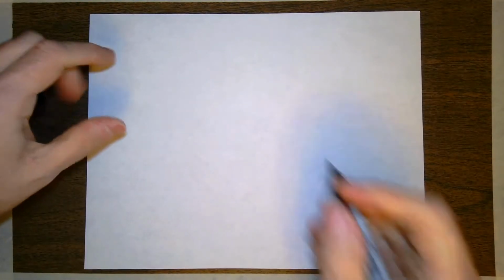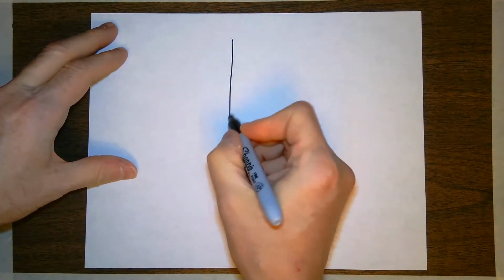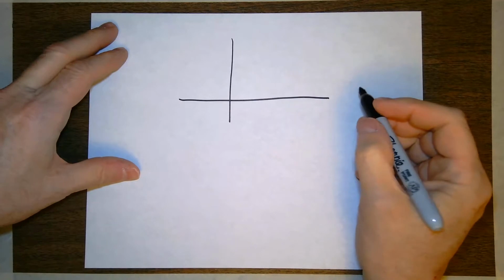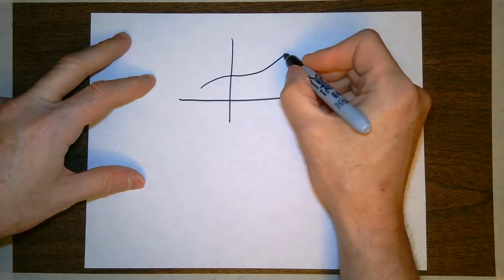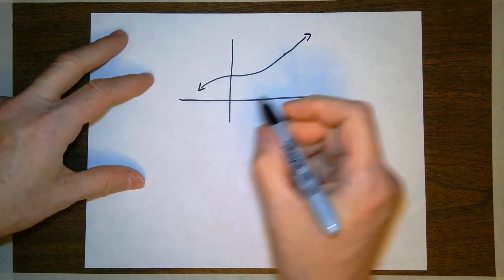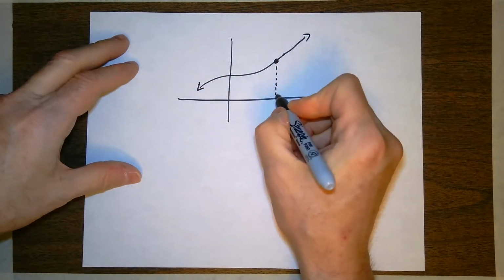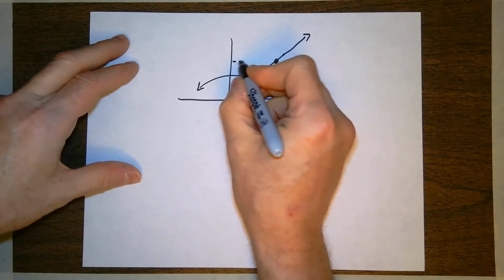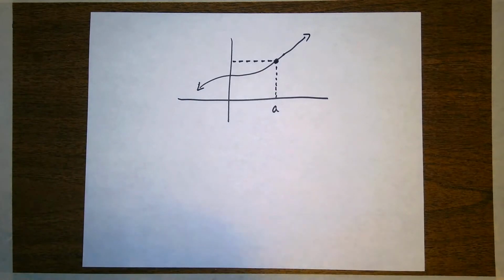In order for a function to have a limit, we know that the right-hand side and the left-hand side both have to be approaching the same value. So again, I've got my function here, some point on the function, A and L, and we know that we can approach it from both sides.